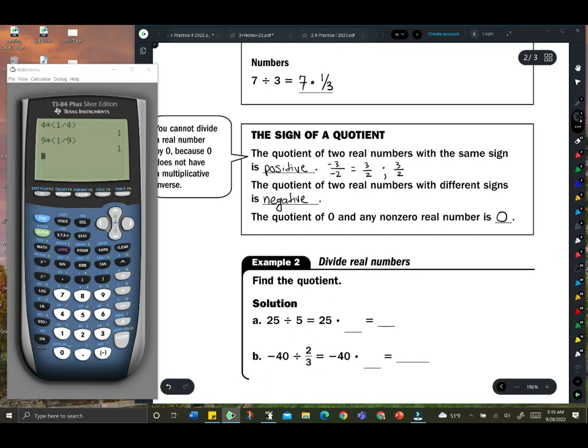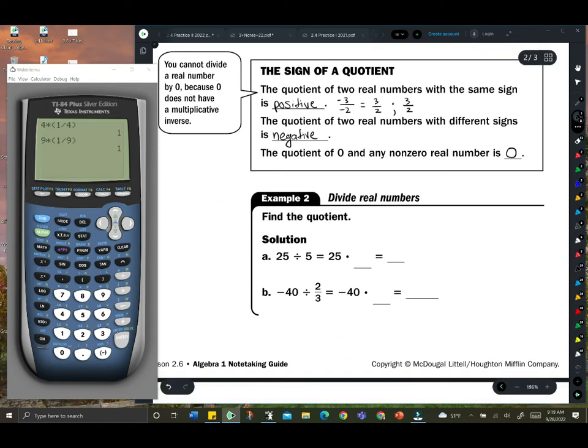So let's check out some examples. Dividing real numbers. Remember, the idea is 25 divided by 5 is really 25 times 1/5. And while you could do 25 divided by 5 in your calculator, you can also do 25 times 1/5 and get 5.